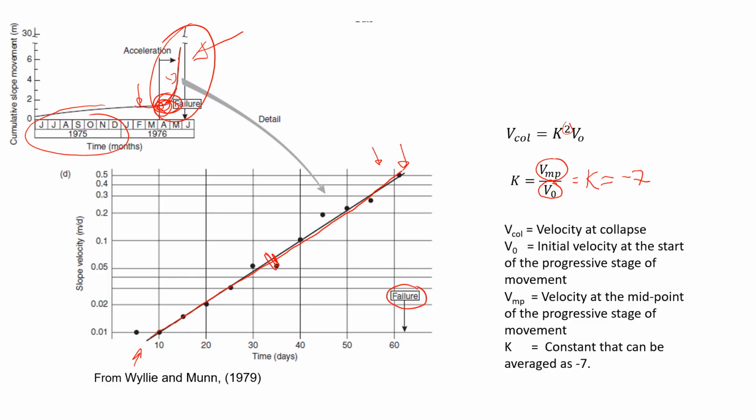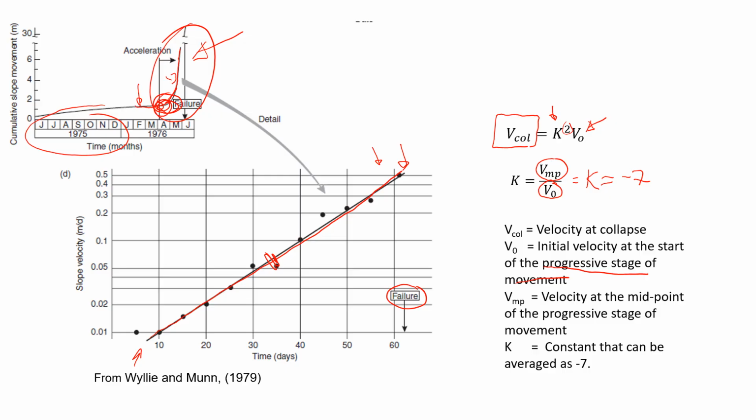Then what we can do next is estimate the velocity at which the rock mass is going to collapse. That's the value of velocity. Here we would need to know the initial velocity at which it started the progressive stage of the movement, and we know the value of k that we just estimated.